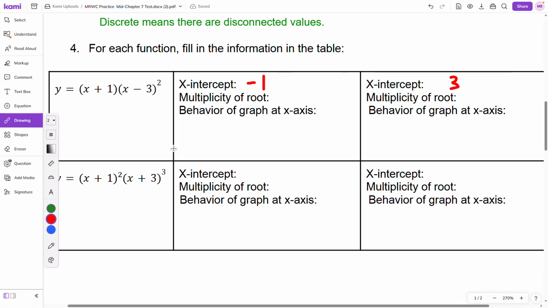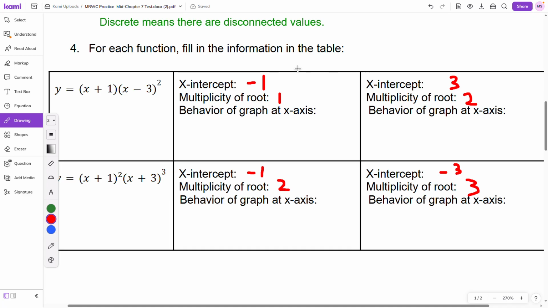Here that's -1. Here that's also -1, and this one's -3, I just realized. Multiplicity of root for this one is 1, for this one is 2. It's just talking about the exponent. For this one here it's 2, and for this one here it's 3.